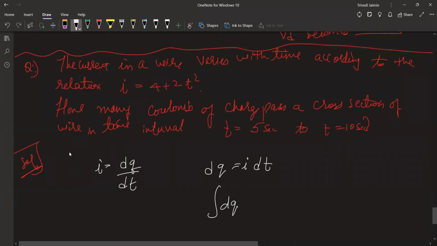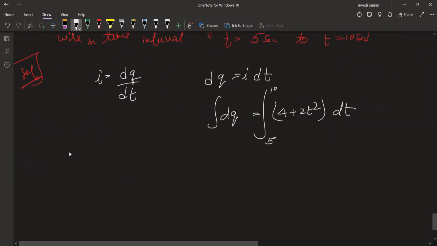Integrate dq equals integral of 4 plus 2t square dt with the limit 5 to 10. Q equals 4t plus 2t cube by 3.